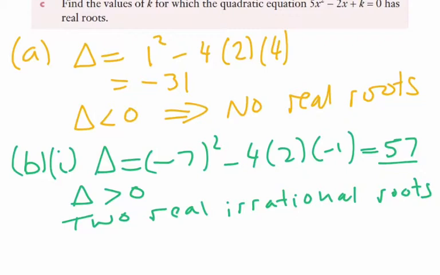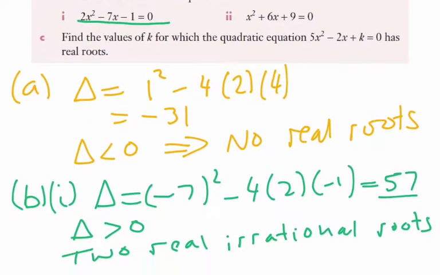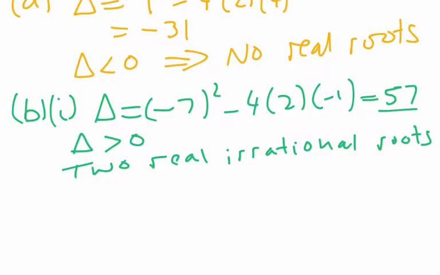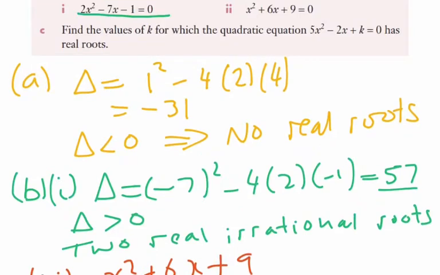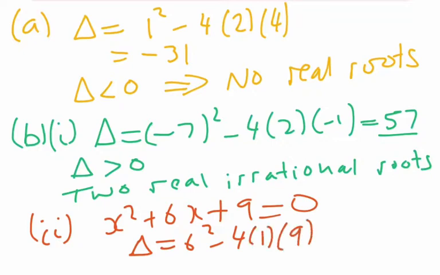Okay. Now let's look at the second one: x squared plus 6x plus 9 equals 0. So let's find the discriminant for that. Delta is 6 squared minus 4 times 1 times 9.